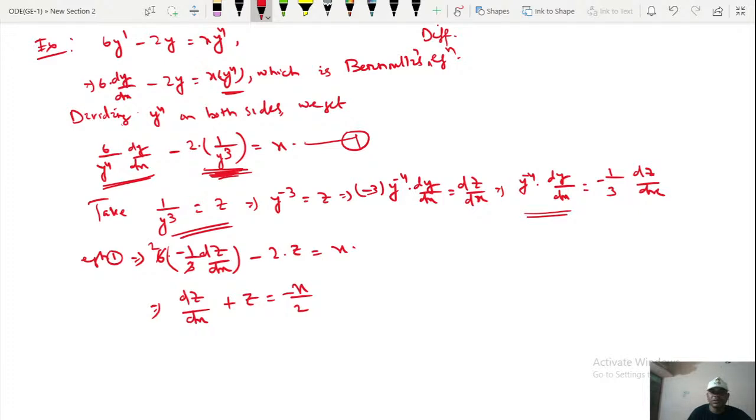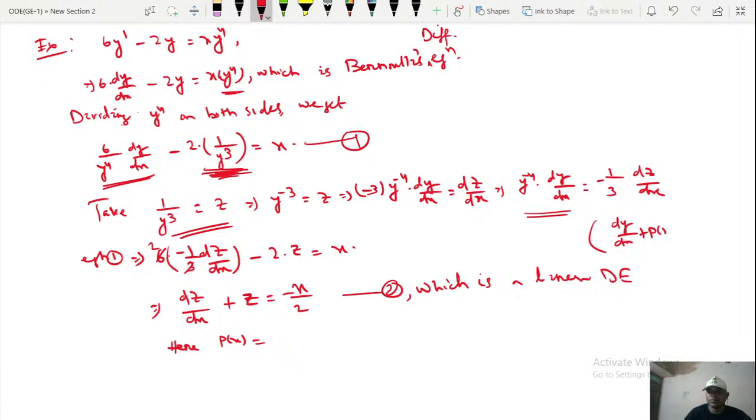It means I am dividing by minus 2 on both sides, so this one you will get, which is a linear differential equation. Now what is your p of x here? P of x, the coefficient of z, is your p of x, because I have the linear form dy by dx plus p of x into y equal to q of x, and here in place of y there is z.